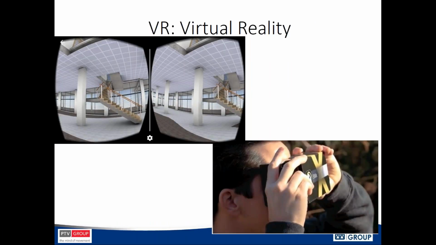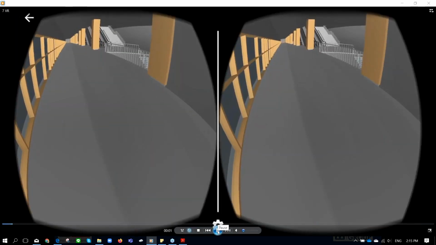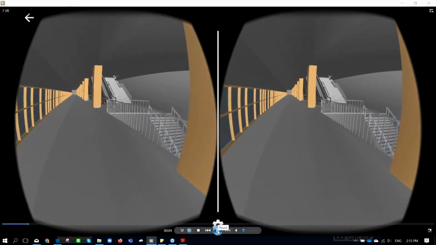And next topic, I would like to talk about virtual reality. The previous evacuation simulation and the fire simulation have a point of view from somewhere else. But with VR, virtual reality, we can really see what the passenger will see during the evacuation. So we can decide whether our signage board or our evacuation route is easy to understand or not.